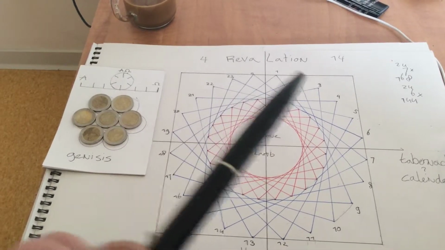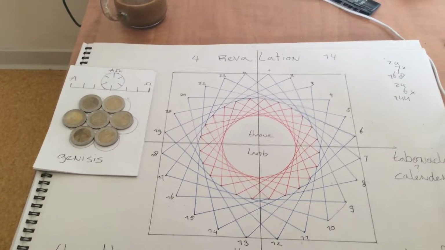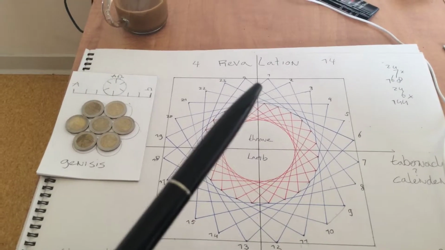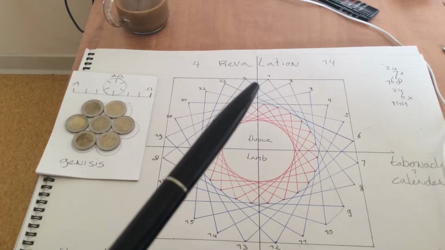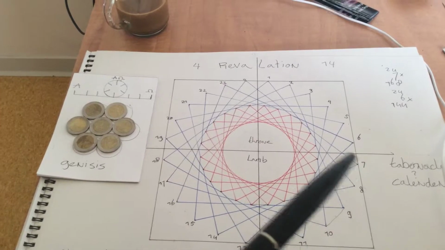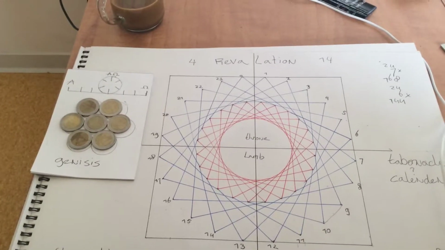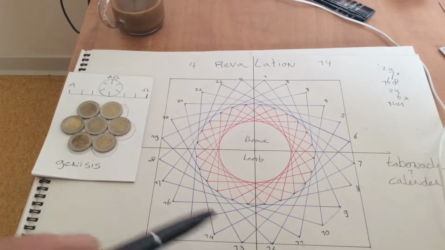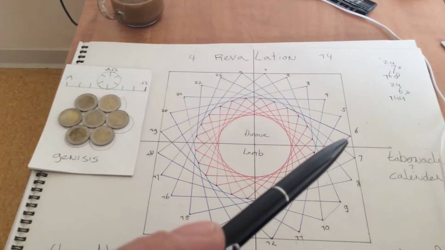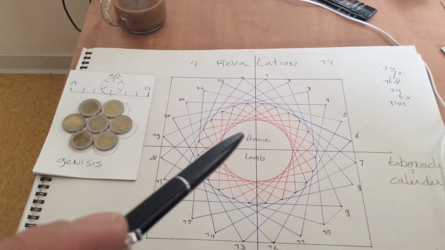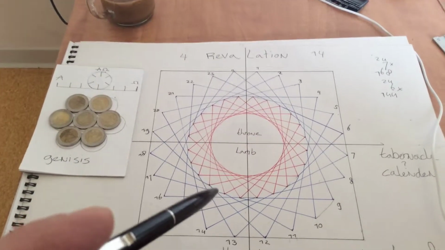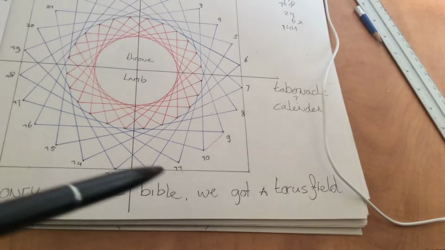You end up where you started again. So I believe the 7 lampstands represent a line from 0 to 7 and so on. When you look at it in 3 dimensions, I can see a torus-field, I can see the bend. So that's why I called it a torus-field.